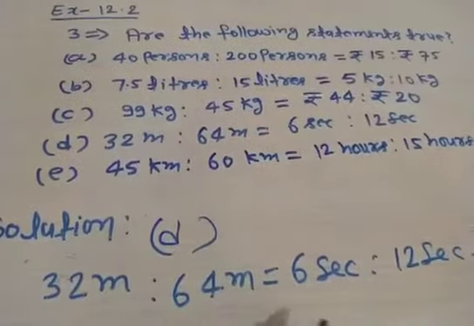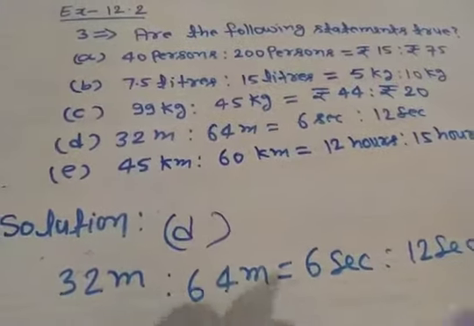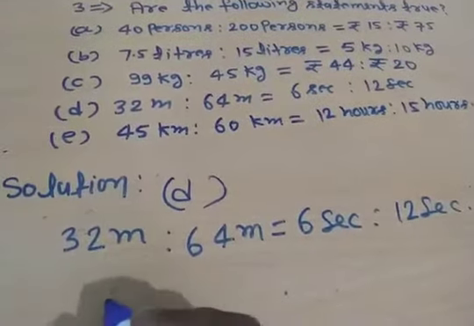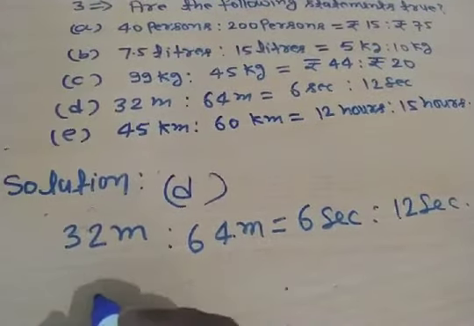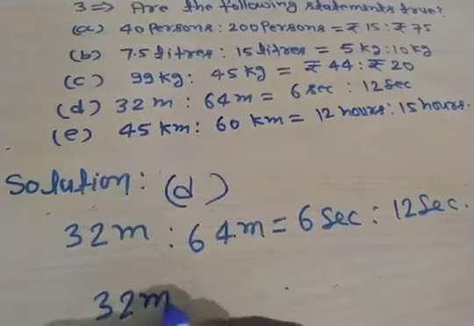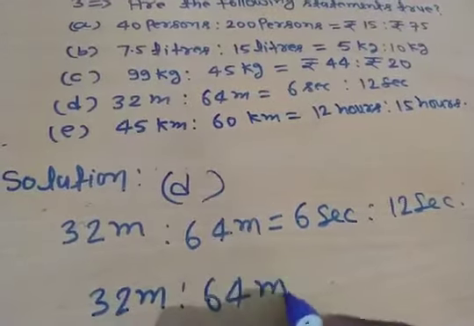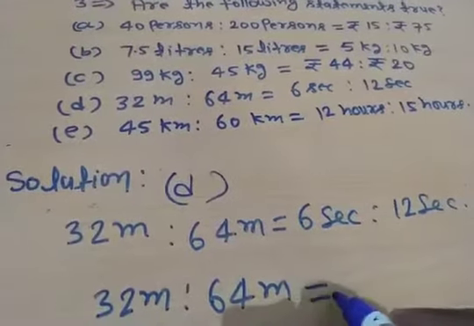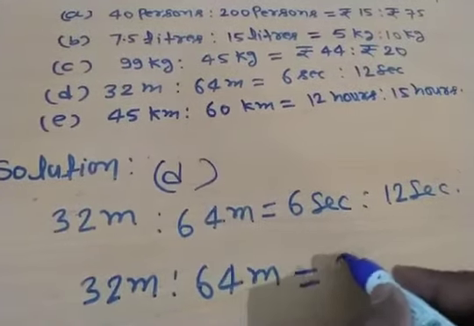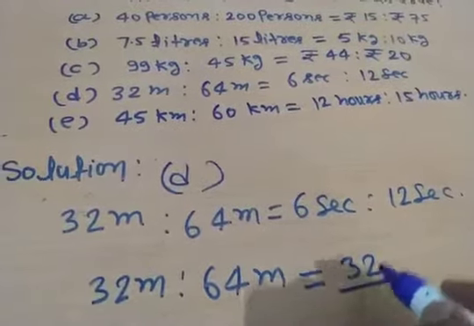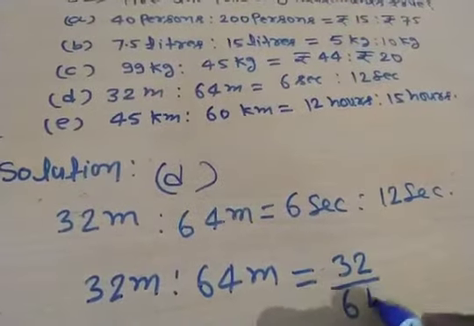So here we take the left hand side, 32 meter ratio 64 meter. Also you can write 32 by 64.